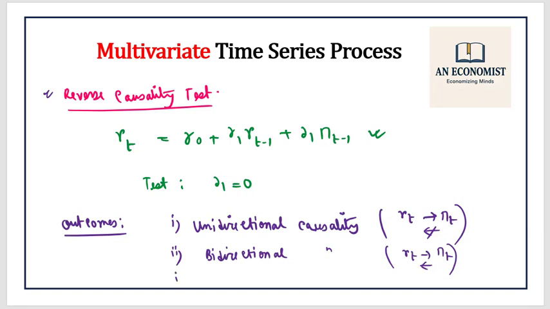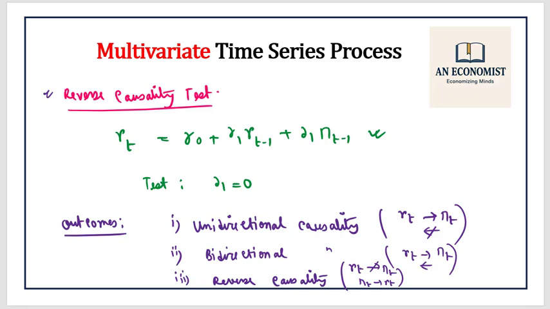The third possibility, which is not possible in this case but in some other scenario you may face, is reverse causality. If in some case you see that RT, the example that you start off with, is not Granger causing pi t, but pi t is Granger causing RT, that will be the reverse causality. So here you have to decide which one is your target variable.